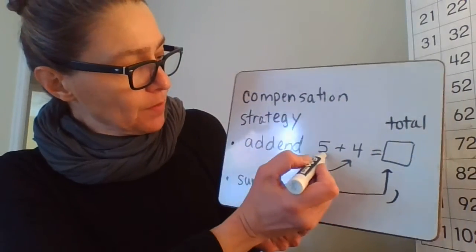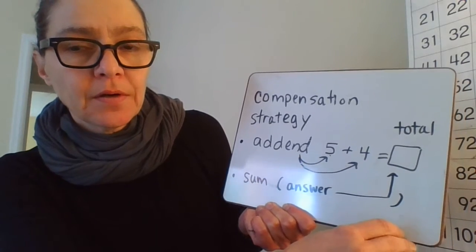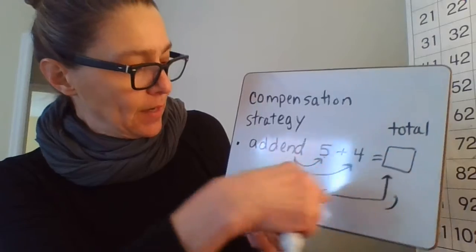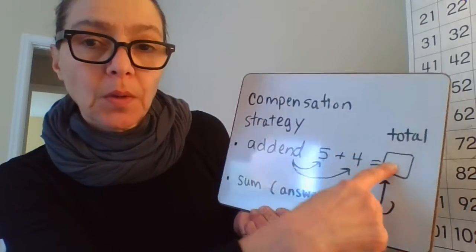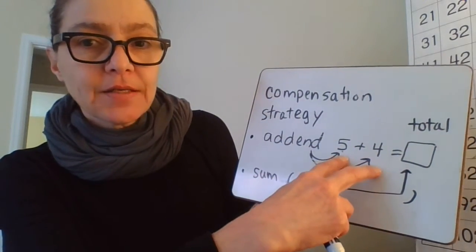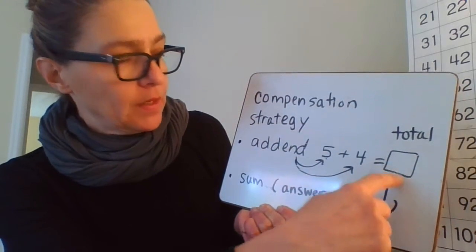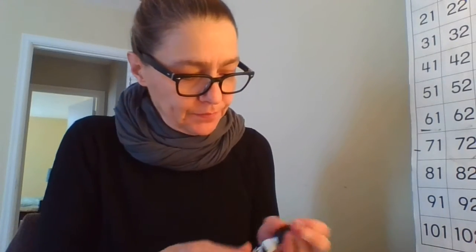The addends are the two values that you add together in your equation, and your answer is the sum, and that's your total. All right, so let's get started with the compensation strategy.